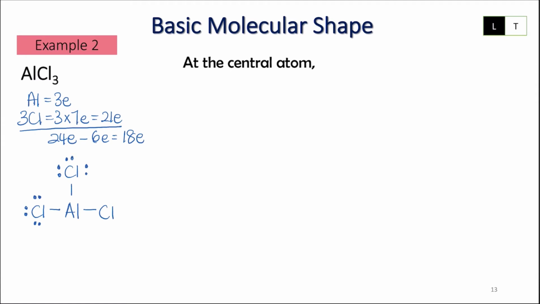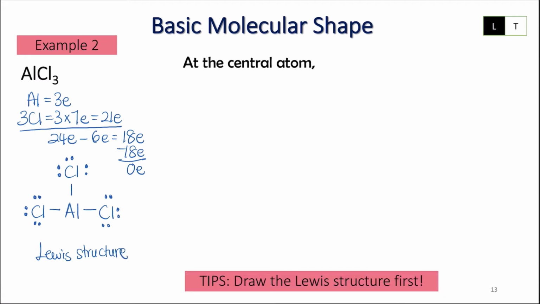So that's why you got 18 electrons used up for the terminal atom. So minus 18 electrons, you will have 0. So this is the Lewis structure for AlCl3. So inilah tips yang kita perlu buat.